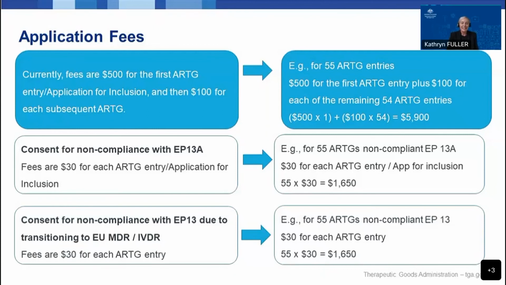In these cases, the application fee for consent has also been reduced to $30 per ARTG entry, where the application is solely in relation to non-compliance with EP13 due to the transitioning from EU MDD, IVDD to EU MDR, IVDR certification.